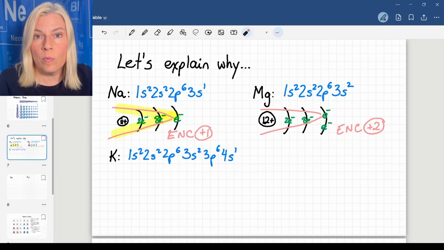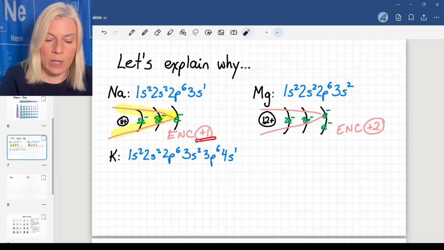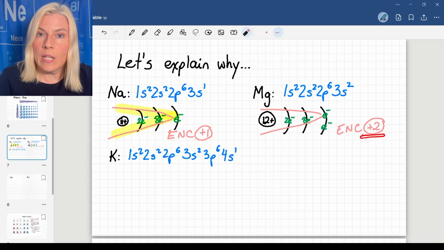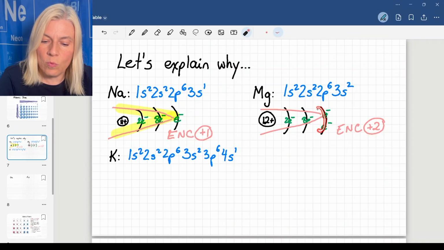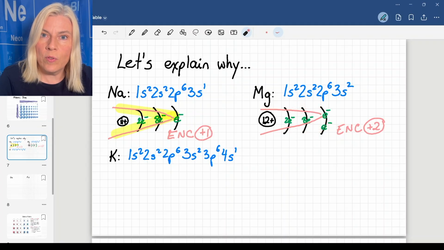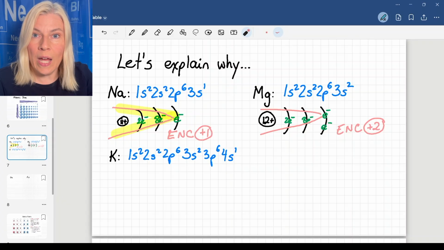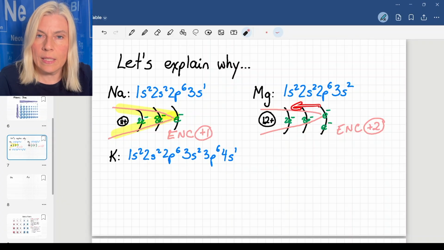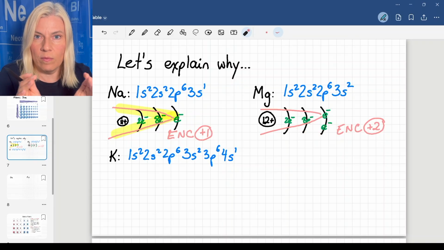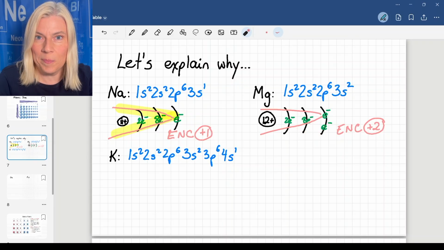Two protons is more attractive to the last electron than one proton. So if two protons are more attractive, these electrons will want to move in closer to the nucleus. They will move closer. So the higher the ENC, the more attraction to the nucleus. And that means they are moving in closer, so the smaller the atom.